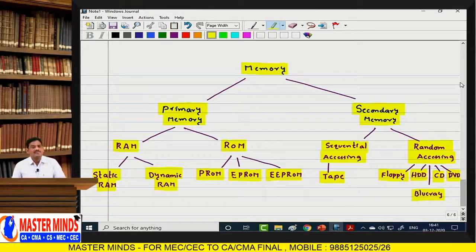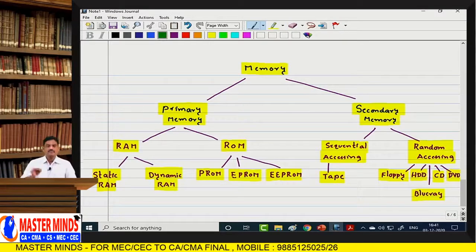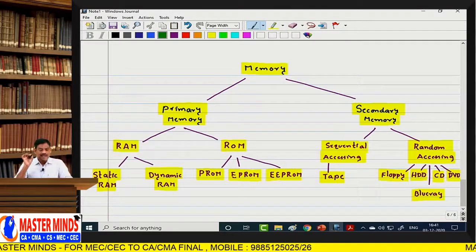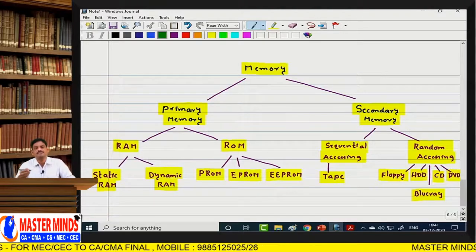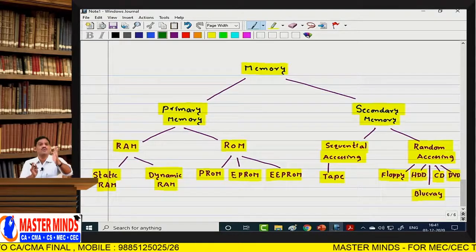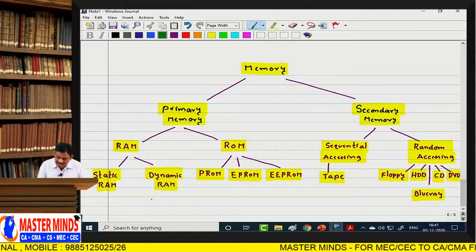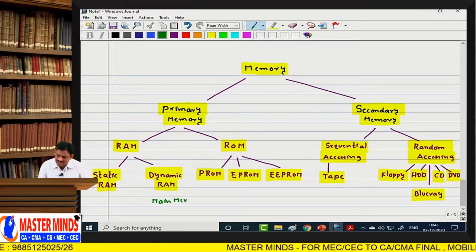So, primary memory, in this case, is random access memory. If you want to execute any program, the program must reside within the main memory. Here, dynamic RAM can be treated as main memory.